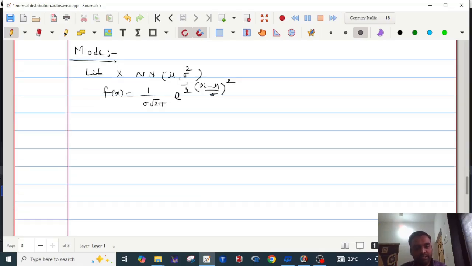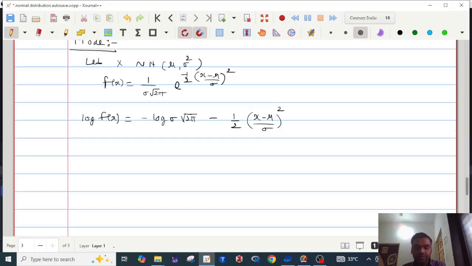Take log on both sides. We get log of f of x equals minus log of sigma under root 2 pi minus 1 half x minus mu on sigma, whole square.